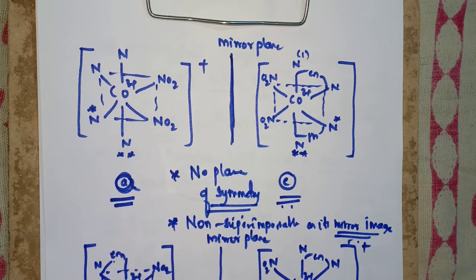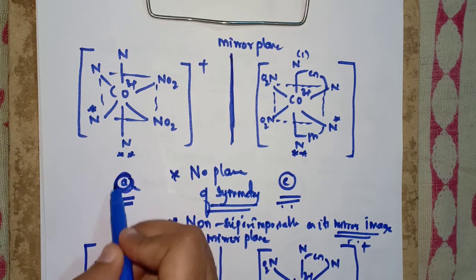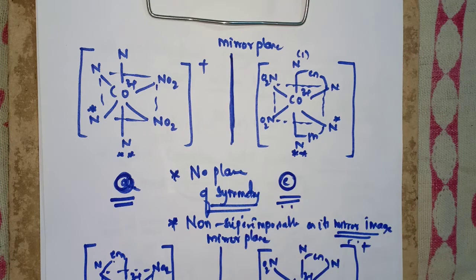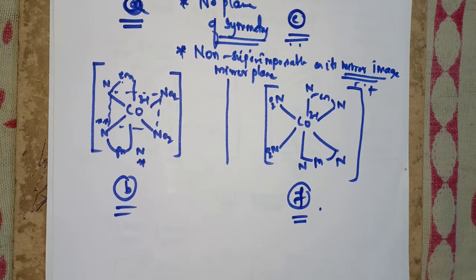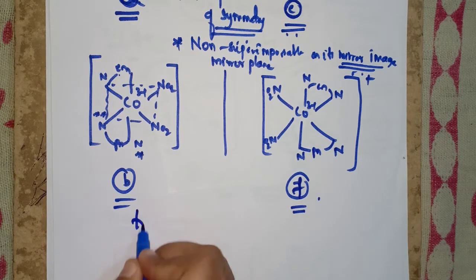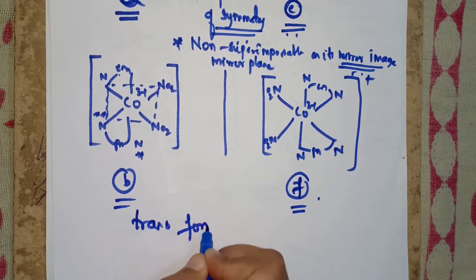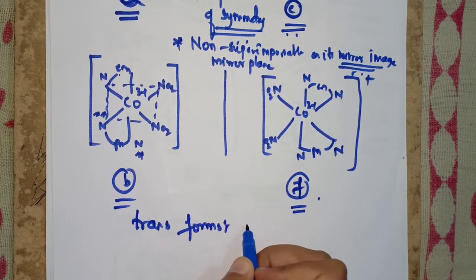So the A cis form will exhibit the E mirror image and the B cis form will exhibit the F mirror image. These are the optical isomers of the cis forms, whereas the trans forms are symmetrical, hence they are optically inactive.